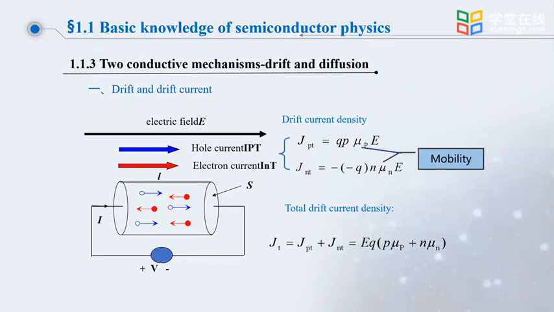A DC power supply V is applied to the semiconductor material, and under this applied electric field, the holes and the free electrons do directional movement. The current formed by the movement of the holes is in this direction, and the free electron movement is in this direction, but the current formed by it is also in this direction. So the drift current is the sum of the currents formed by the two drift movements.